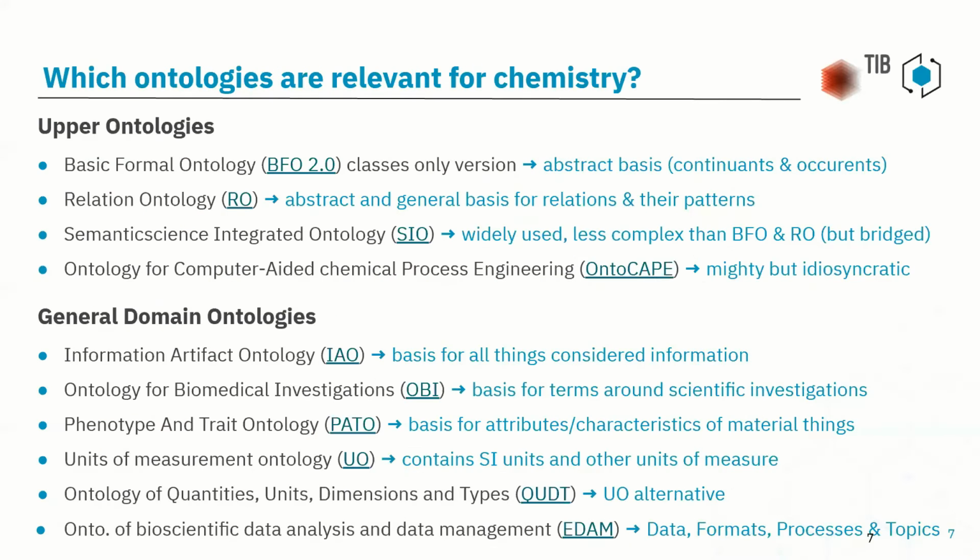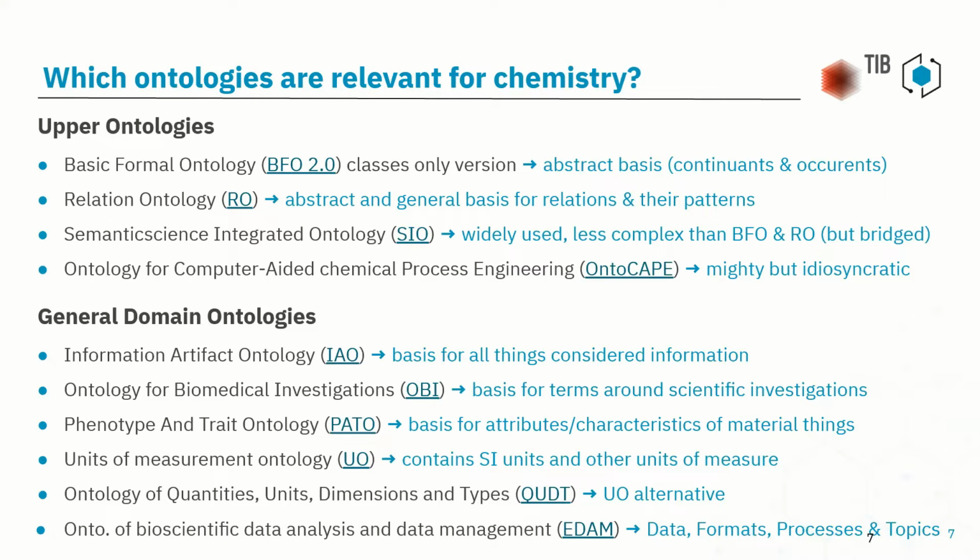And what I was asked to talk about briefly is what ontologies there are for chemistry specifically. In order to talk about this, we also need to be aware that, as you've already seen with this abstract process pattern from BFO, there are ontologies that are very abstract and they are called upper ontologies.